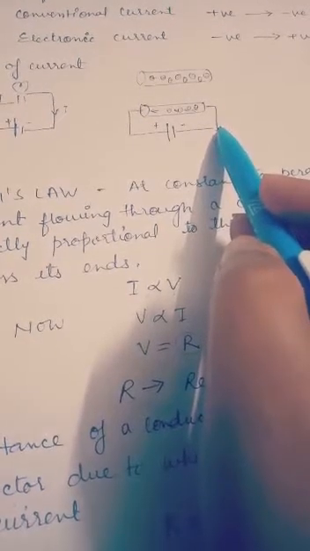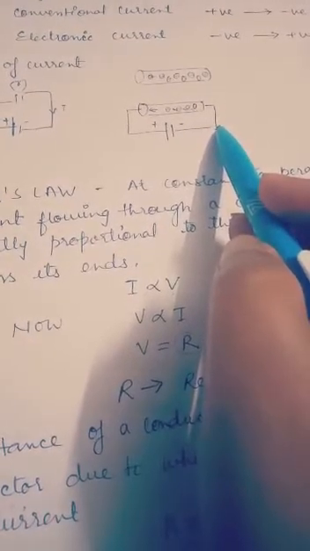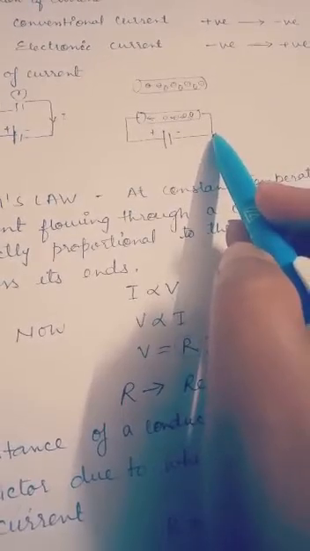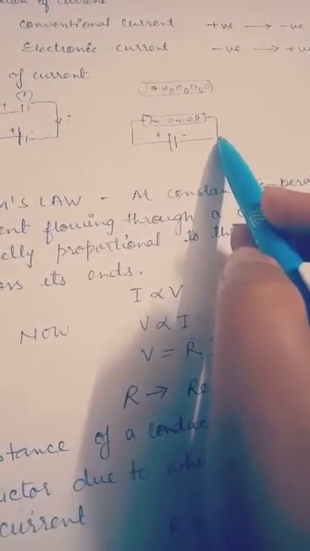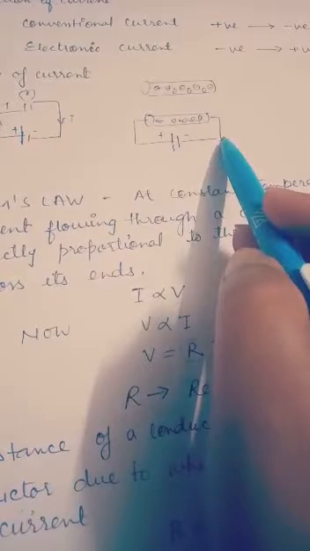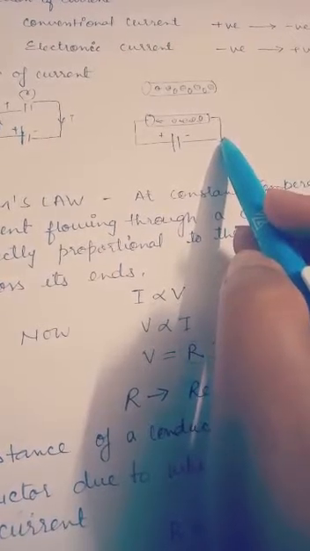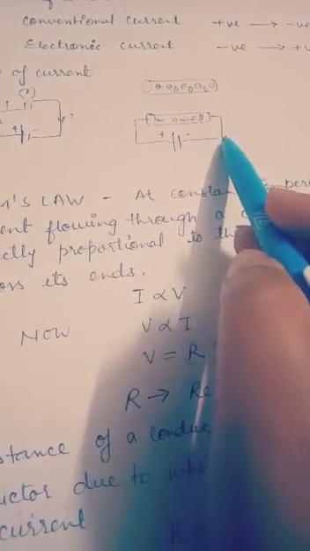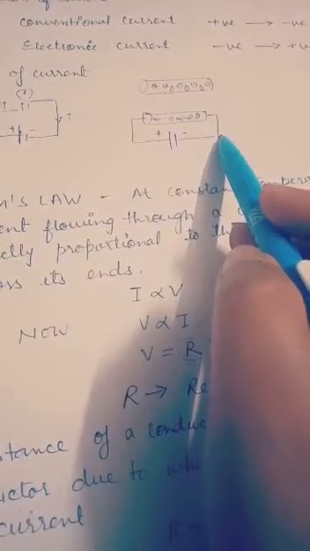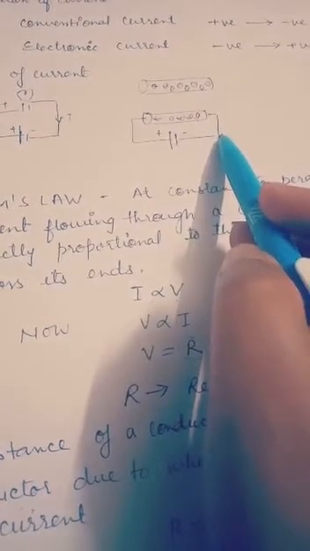That is not false. Their concept was also true, but since we are following the same from before, we have taken the direction of the current to be positive to negative. And now if you say electronic current, that is from negative to positive, that will also be correct.